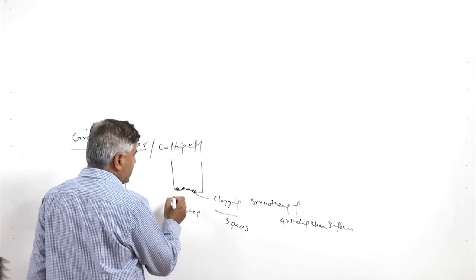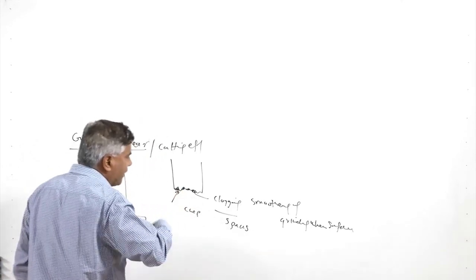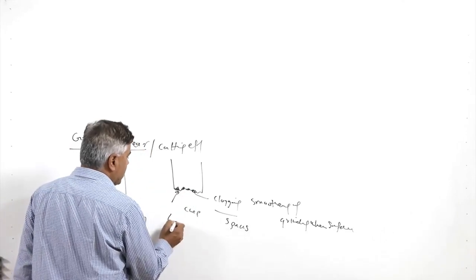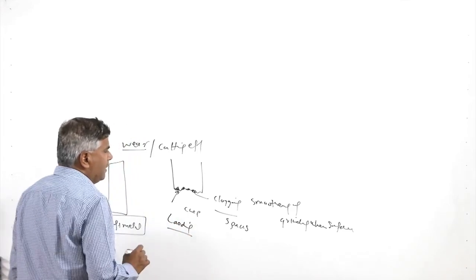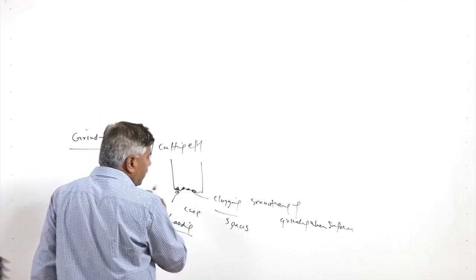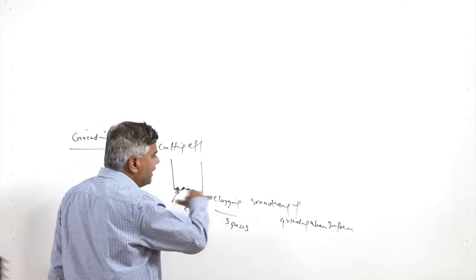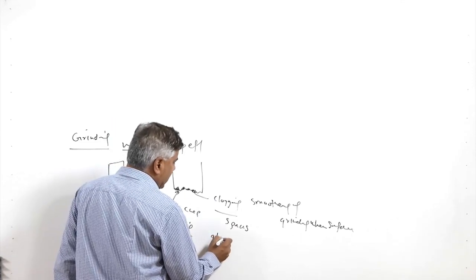This process in which clogging of the soft metal into the fine spaces between the abrasive grains takes place is called loading of the grinding wheel, and because of this, when flattening and smoothing of the grinding wheel occurs, that is termed glazing.